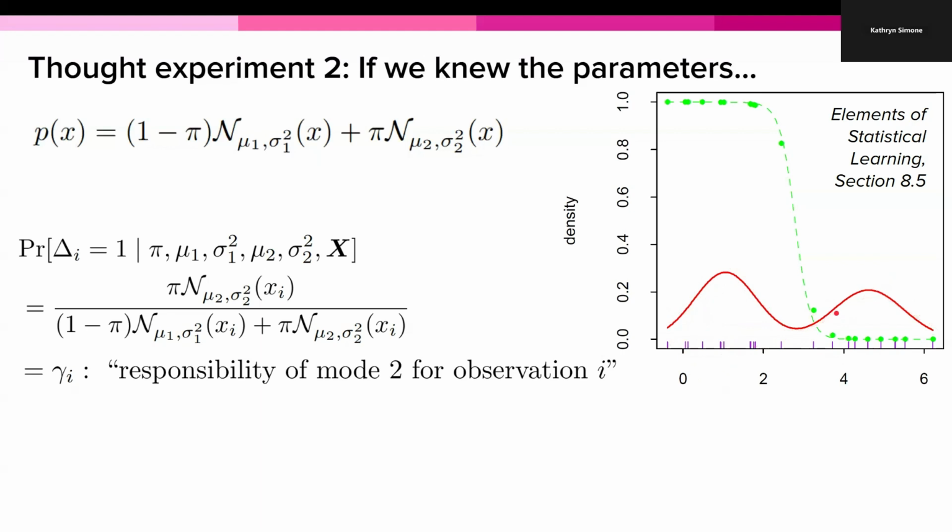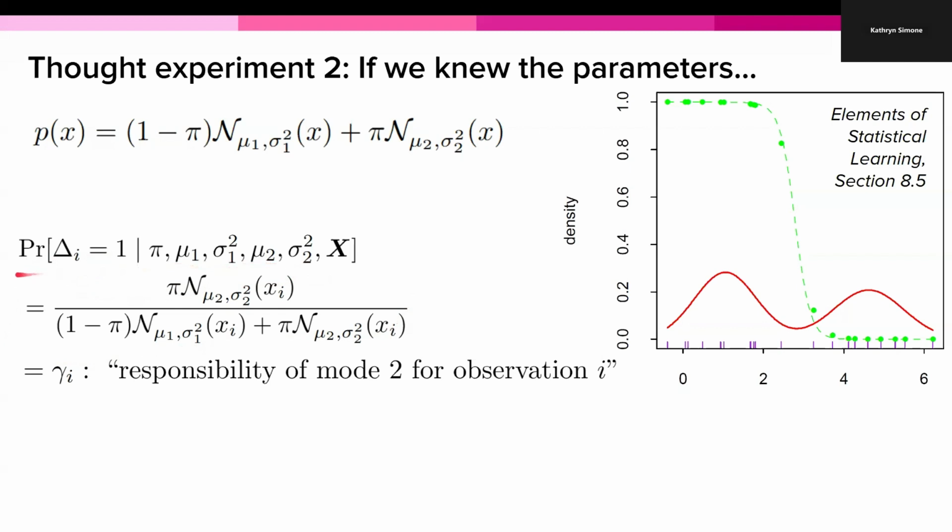With this information, we could then compare the densities for each point across the two modes, using this equation here. If a sample has a higher density on one Gaussian than another, we'd have a good idea that it most likely came from that mode.